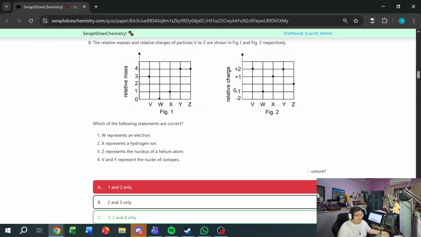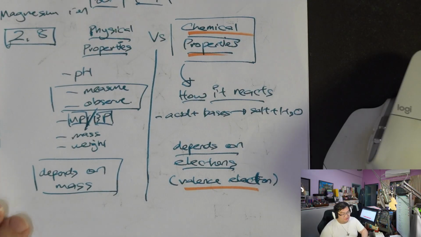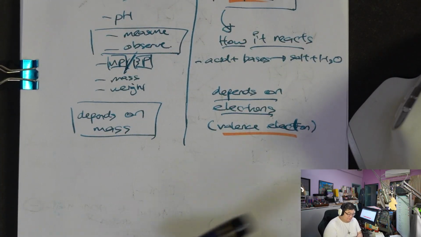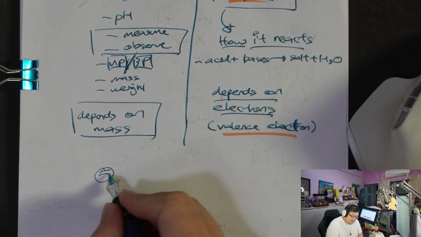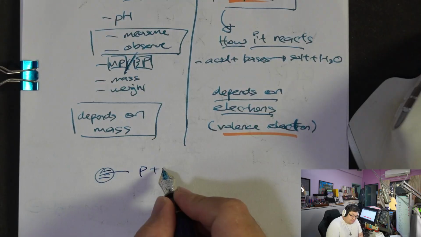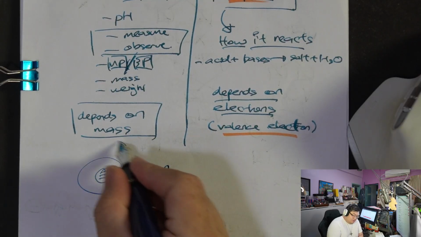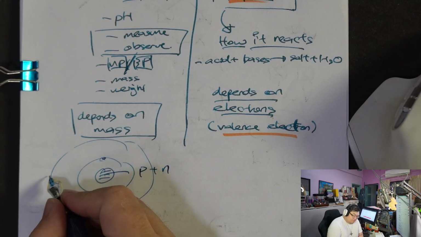I will never take whatever you say seriously because you also don't know what you're talking about. No. You repeat what you just said. That's not correct. That's absolutely nonsensical. The nucleus is in the center. It contains proton plus neutron. Electron is what flies around.